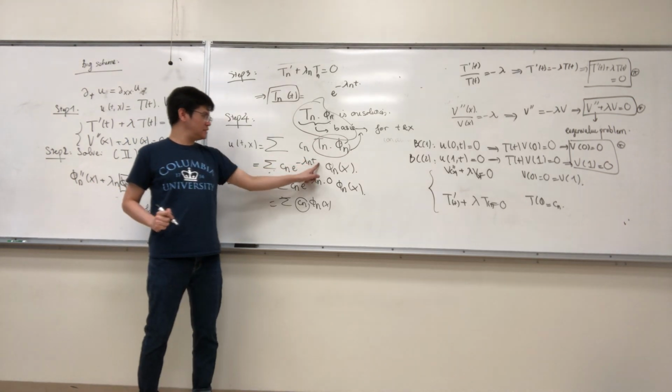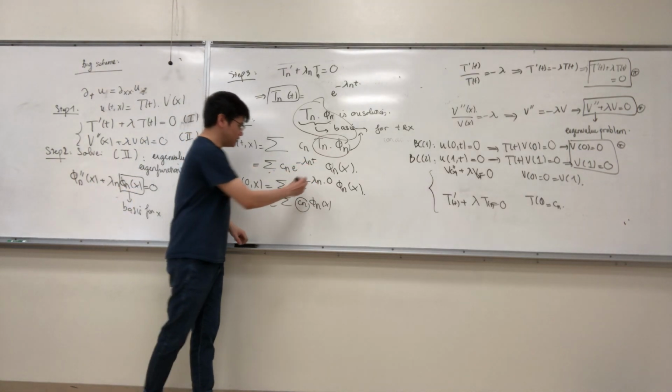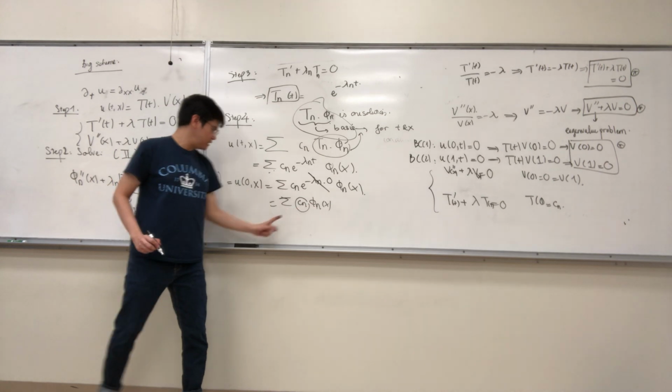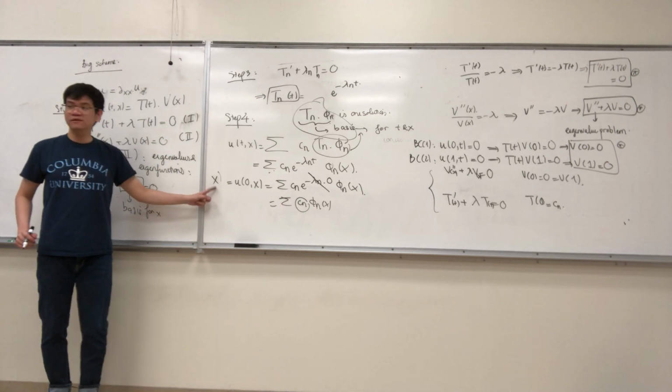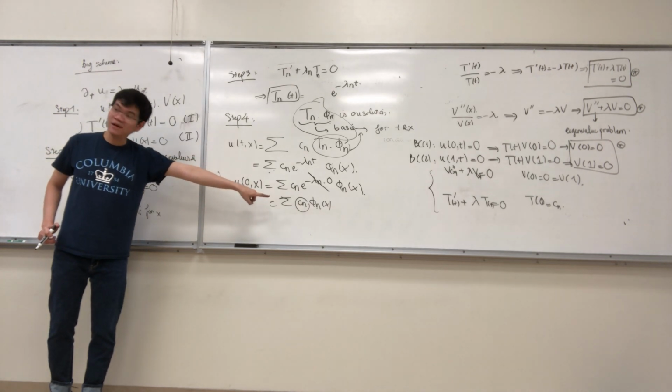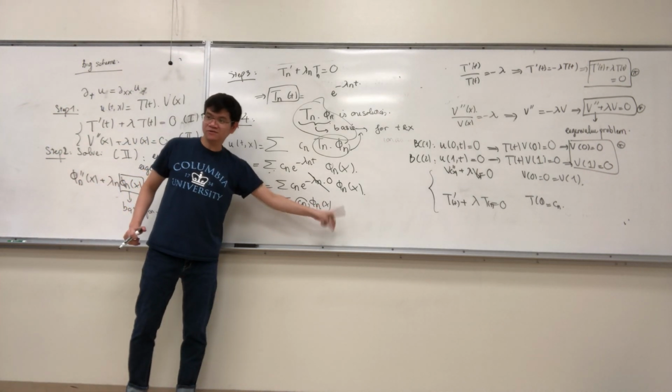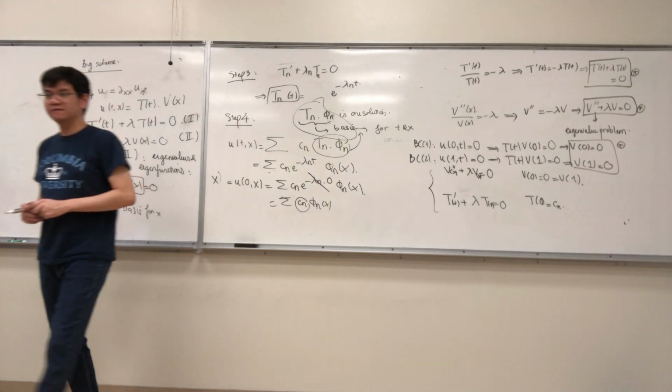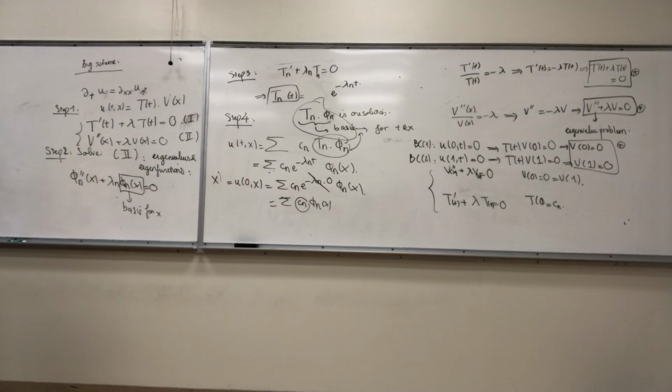So you put 0 here, and this goes away, so you have Cn Vn. So basically this Cn will be the coefficient of the expansion of the initial condition on the basis for x, Vn. Is it clear? Right, so I will try to explain more clearly next Friday. This Friday, right?